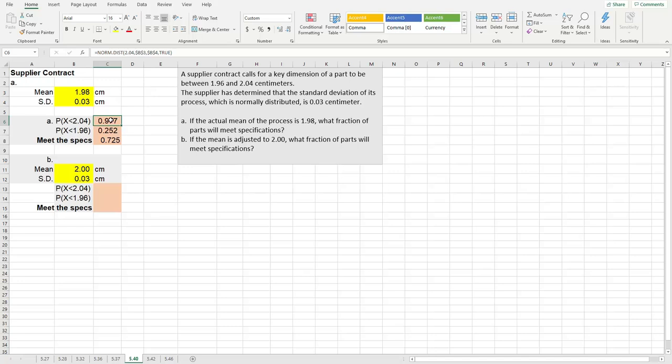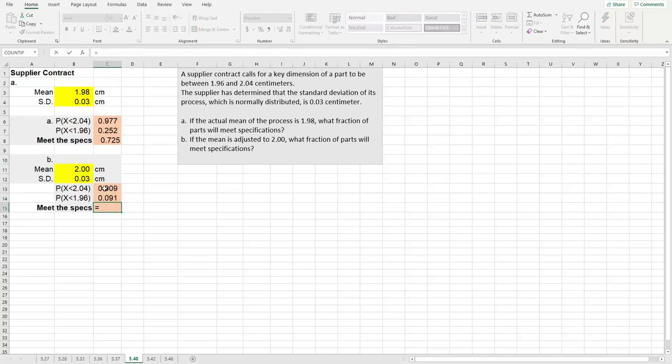You can simply copy this down here and now change the mean to be 2, then hit enter, and then just drag it down and change the 2.04 to be 1.96, and now simply subtract the two probabilities from each other, and that would give us our final probability.